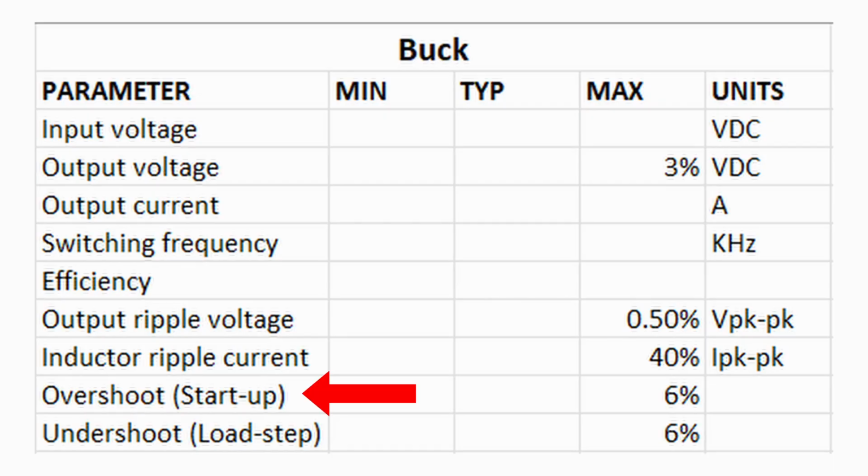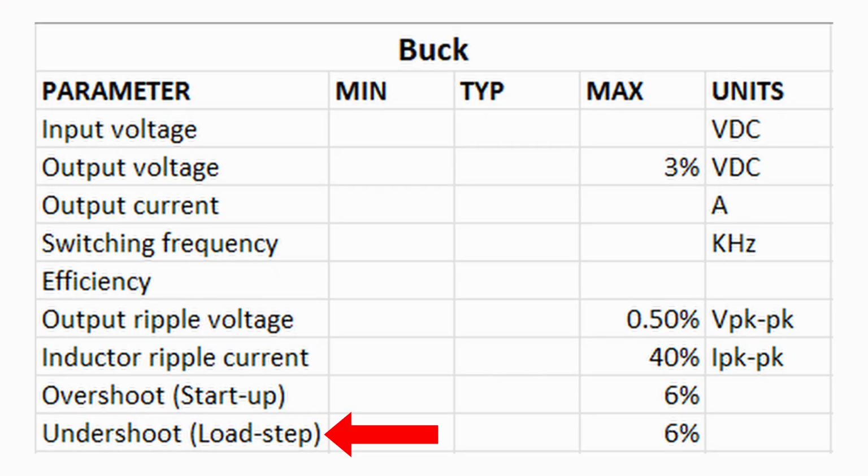The next parameter on the list is going to be the overshoot, and this refers to how much the output voltage overshoots or goes above our specified nominal output voltage during startup or variable load conditions. Too much overshoot can damage the electronics that are being powered by this power supply, so it's important to specify a maximum allowable value.